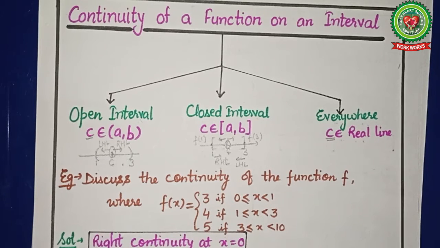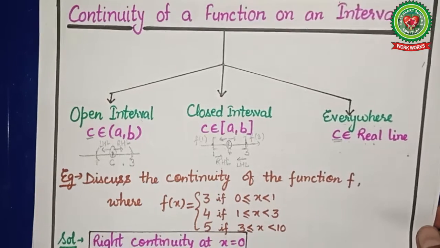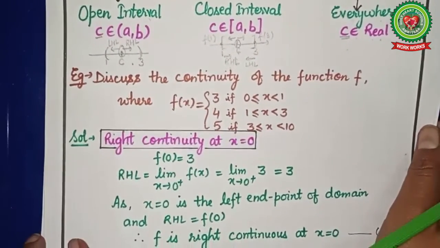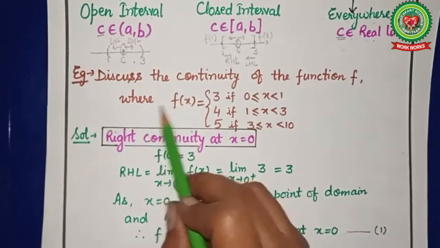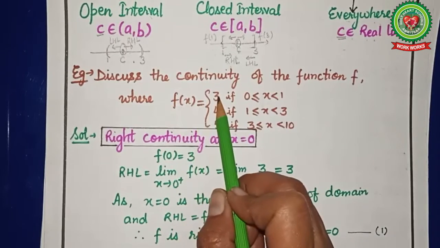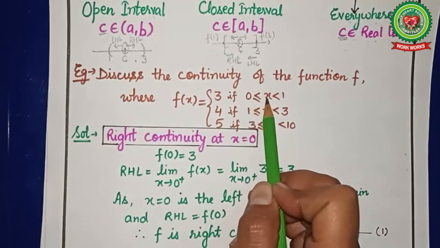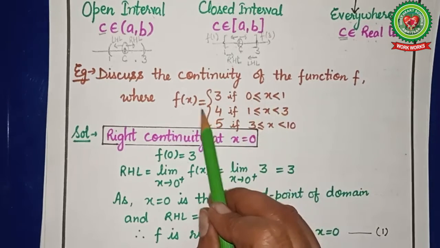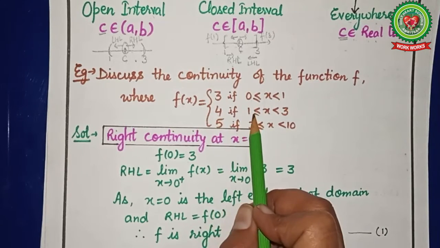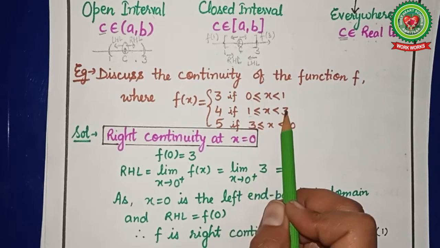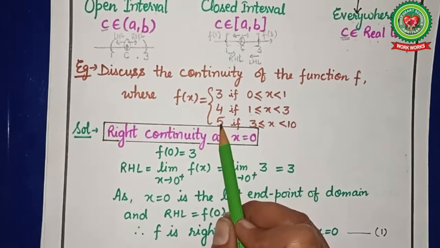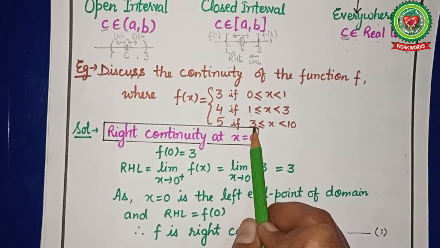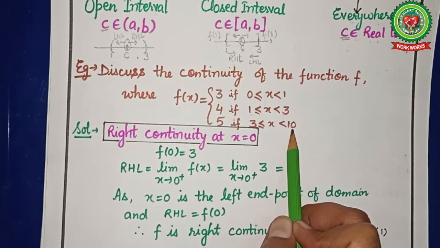Now let's discuss one example based on this topic. Discuss the continuity of the function f where f(x) is equal to 3 if x is greater than or equal to 0 and less than 1. It is equal to 4 if x is greater than or equal to 1 and less than 3. Third, it is equal to 5 if x is greater than or equal to 3 and less than 10.